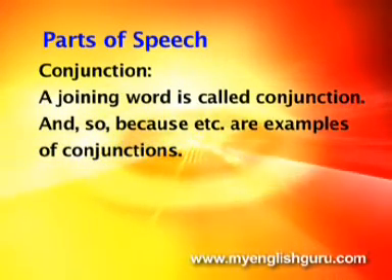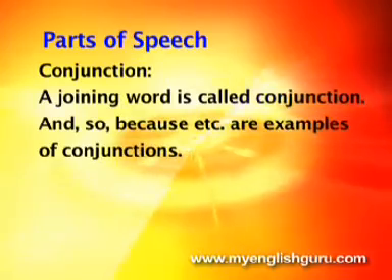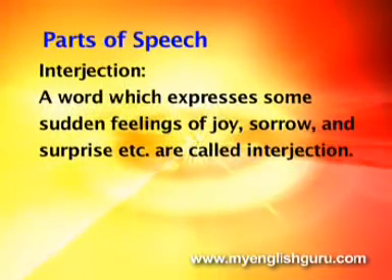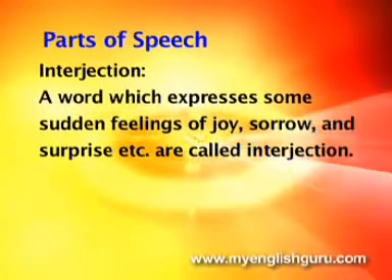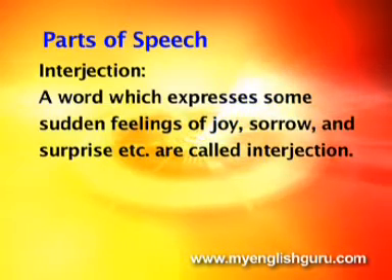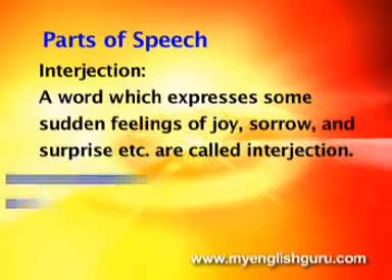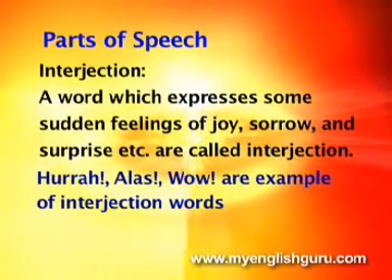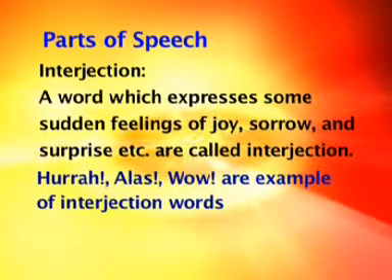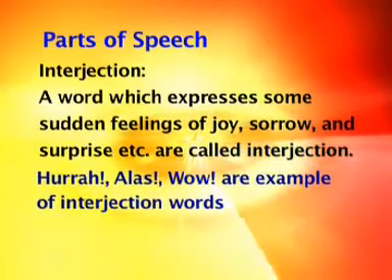And, so, because are examples of conjunctions. 8. Interjection. A word which expresses some sudden feelings of joy, sorrow, and surprise is called interjection. Hooray, alas, wow are examples of interjection words.